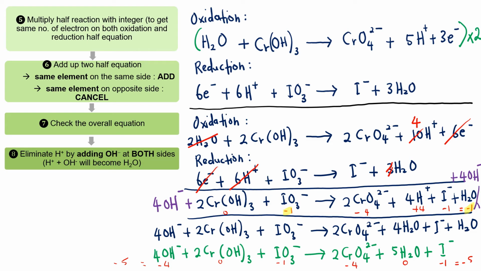So by having a balanced charge kiri and kanan, -5 and -5, maka you have successfully balanced your equation in basic solution. So this is your answer untuk balancing in basic solution. And yang biru tadi ni should be your answer untuk balancing in acidic solution.